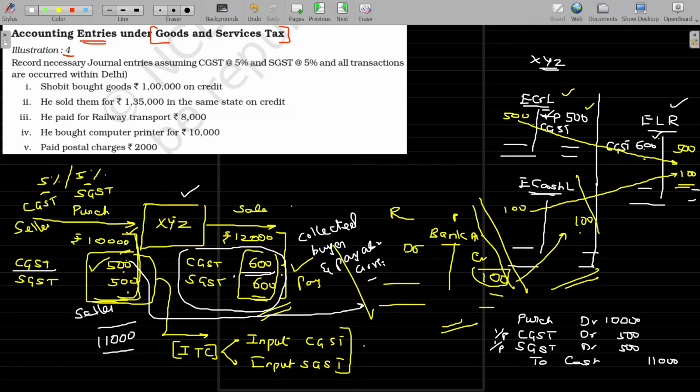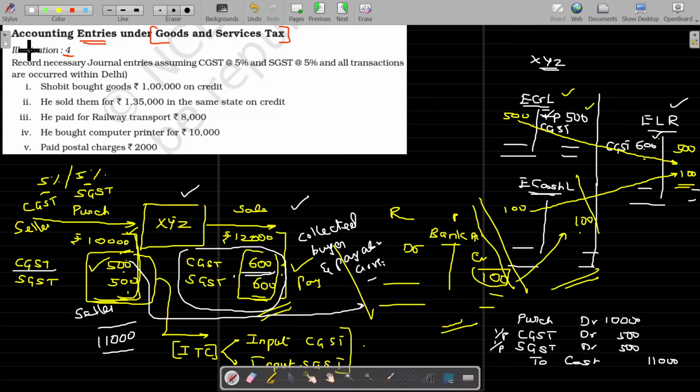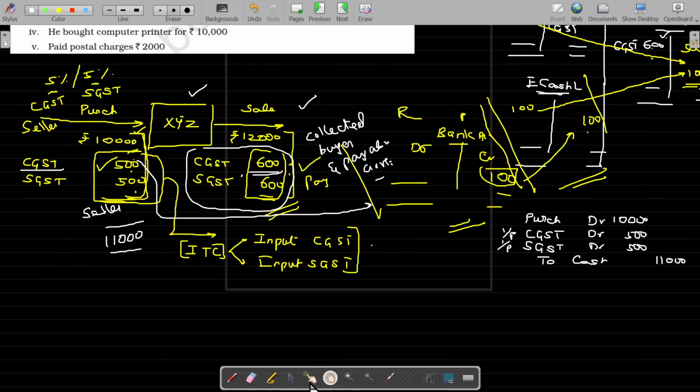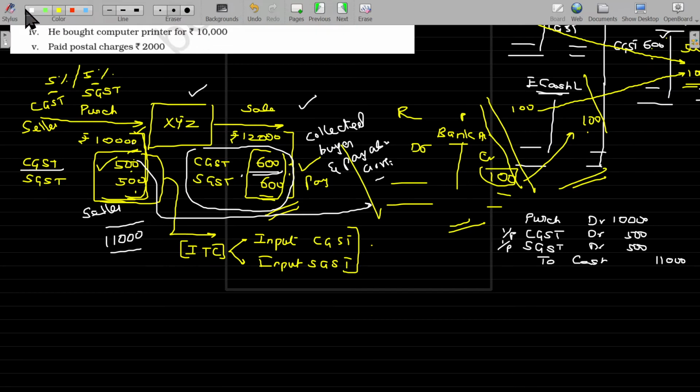On sales the entry being, so I sold it for how much? 12,000 rupees. So I get cash. How much am I getting? 12,000 rupees plus another 600 plus 600, 1,200. So I am getting 13,200 from my buyer because I am collecting this 600 plus 600 from the buyer, and it is later payable.